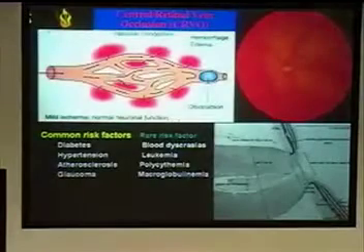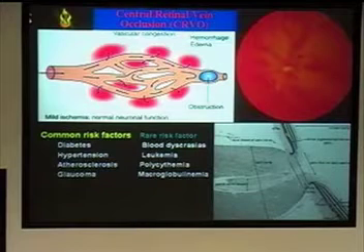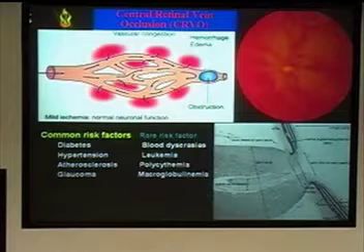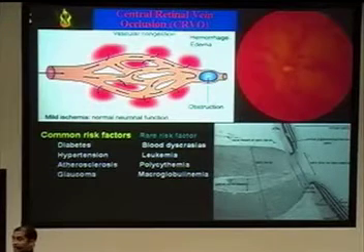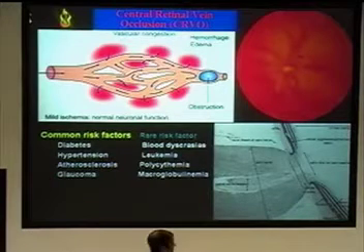So we predicted what's going to happen with central venous occlusion. Central venous occlusion. Causes: diabetes, hypertension, atherosclerosis, glaucoma. And what do you expect the intravascular pressure to be here? High. And vascular congestion.